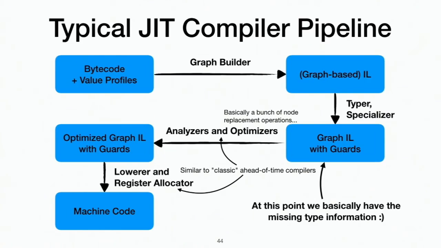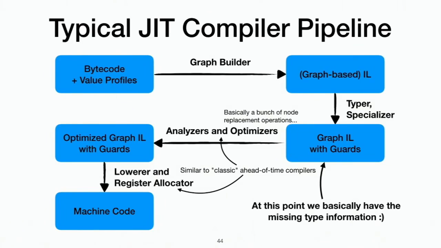Then they convert this bytecode to their own custom intermediate language, which they do because the bytecode isn't really there for optimizing, so they convert it to a different form that's better suited for optimizing the code later on. Then they do this typing or specializing where they look at those value profiles, do the type speculations, insert type guards, and then they end up with this graph, or usually graph-based, intermediate language plus runtime guards.